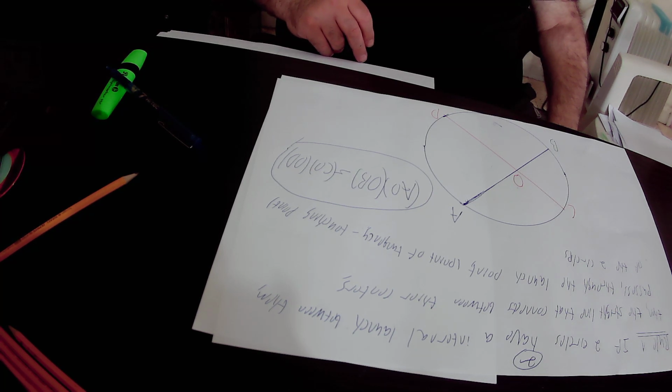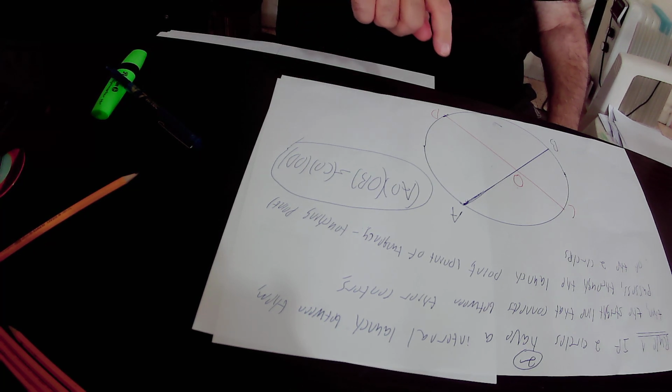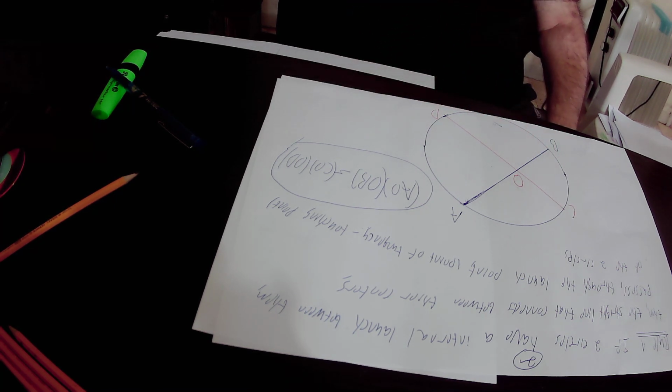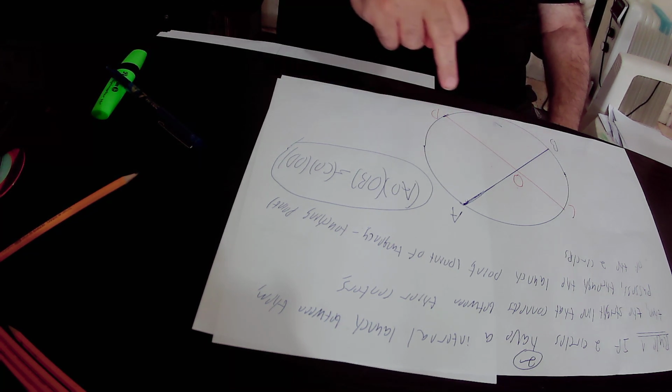I repeat: according to rule number 1, if two chords intersect with each other inside the circle, then AO times OB equals CO times OD. Here we have chord AB that intersects with chord CD.